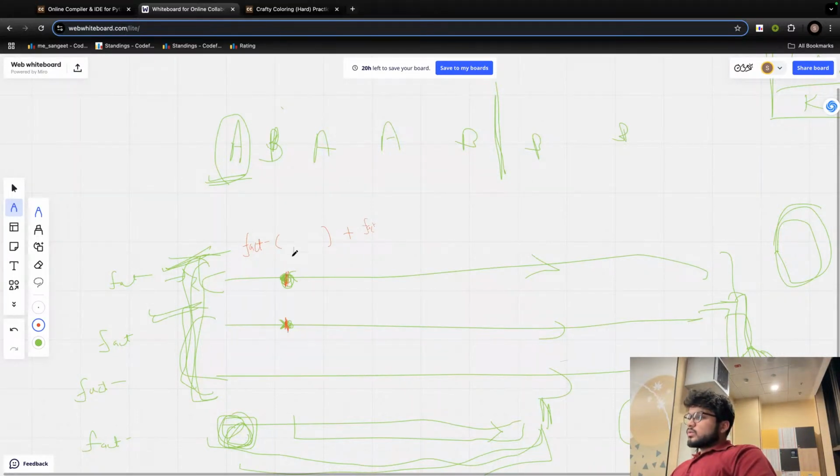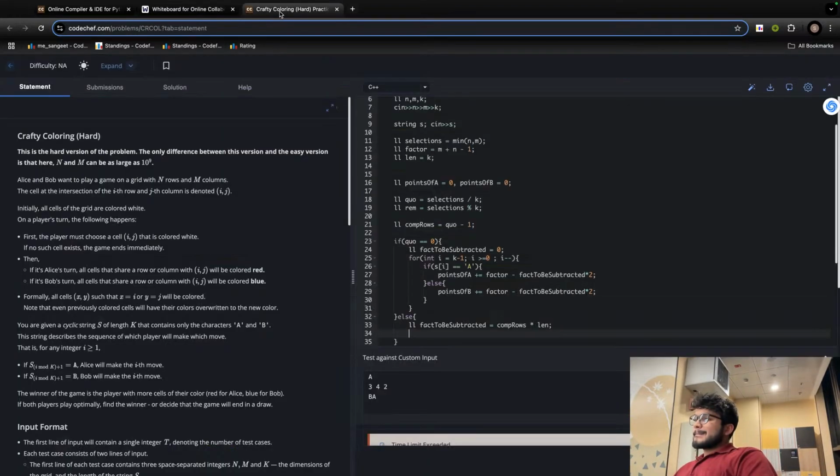Let's first try to calculate this. What will be the coefficient of factor? There will be some coefficient of factor, because we need to add this factor for all of these rows. I didn't see that in the first place. Then there will be some value that is to be subtracted. So these are complete rows, these will be there every time.